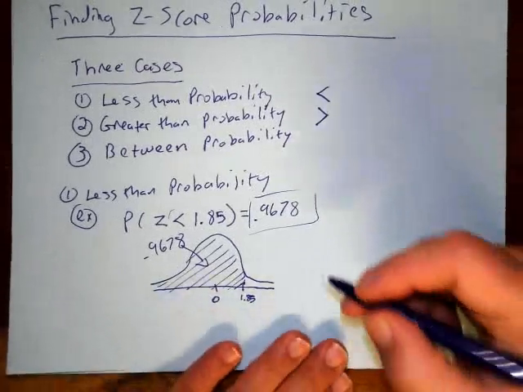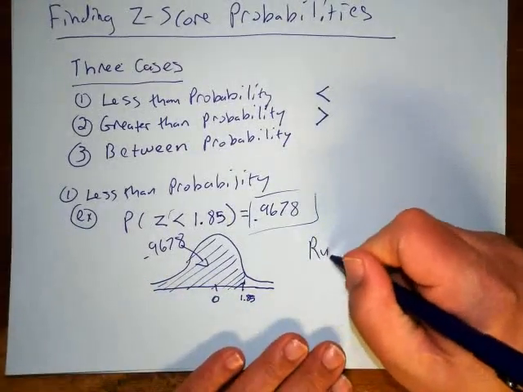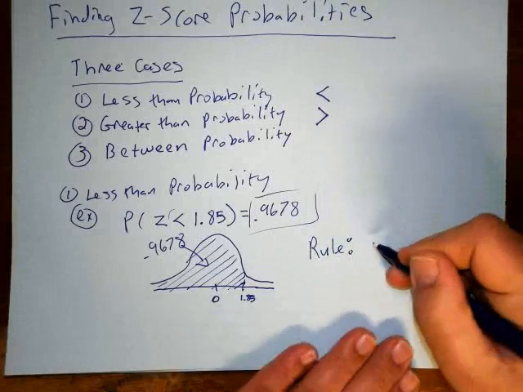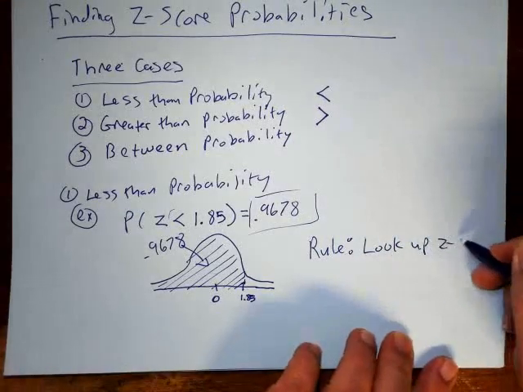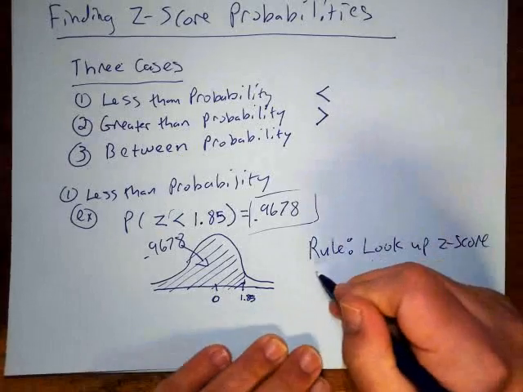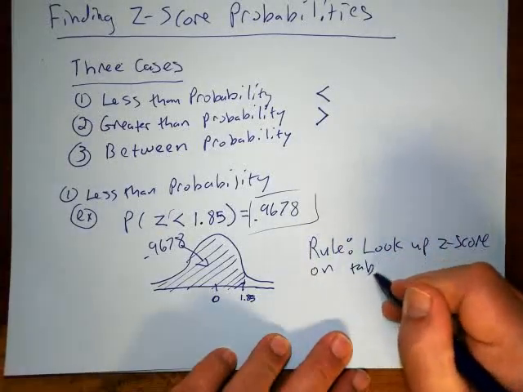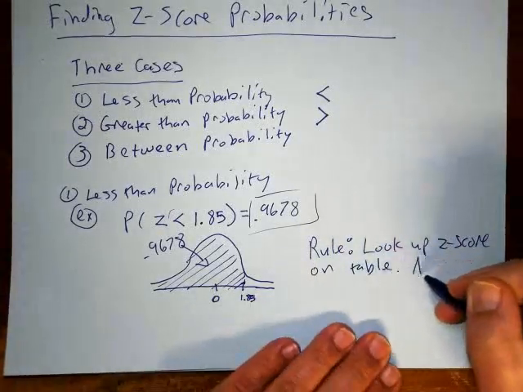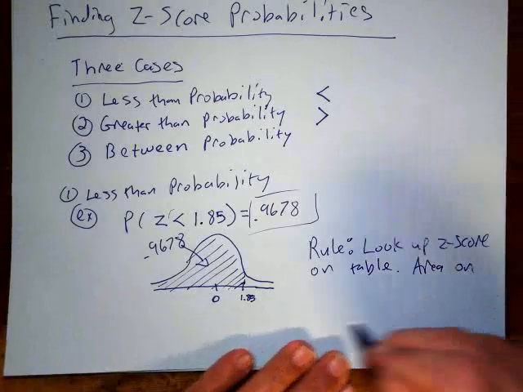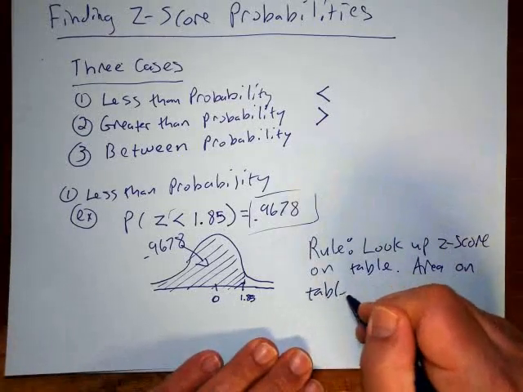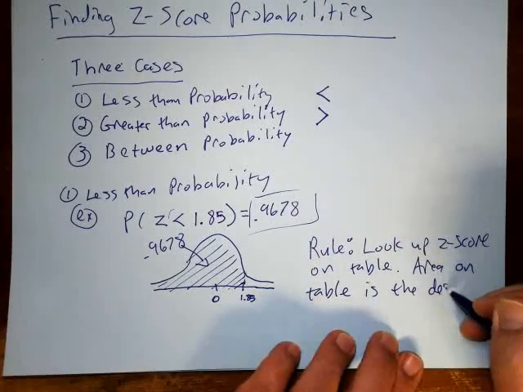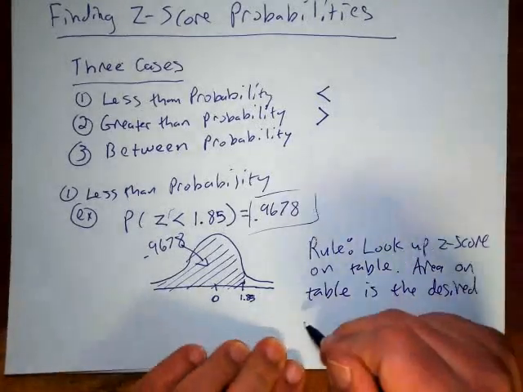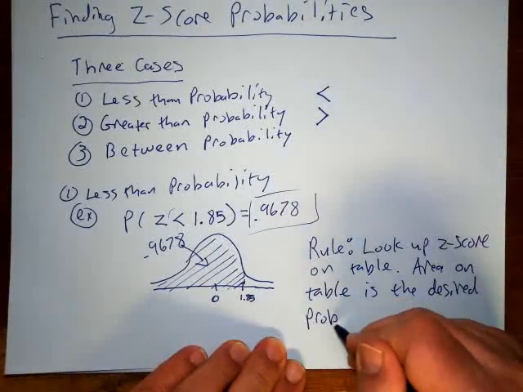So the rule for this would be something like this: look up z-score on table, and then the area on table is the desired probability.